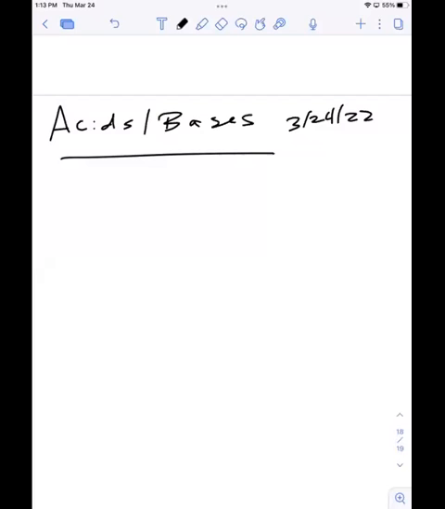Another concept of acids and bases that you may or may not be familiar with. We may have learned it in high school when you took chemistry, if you took chemistry, but maybe not. So let me introduce you first to the idea of what we call a Lewis acid.